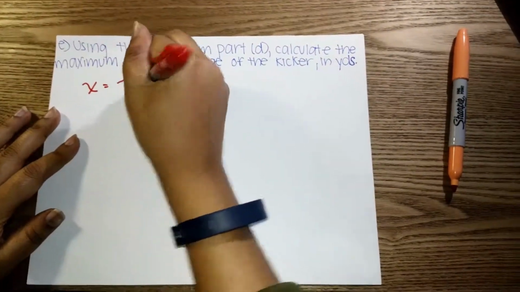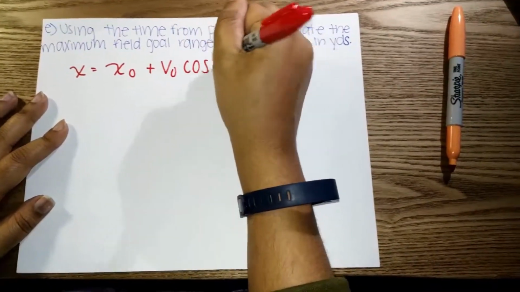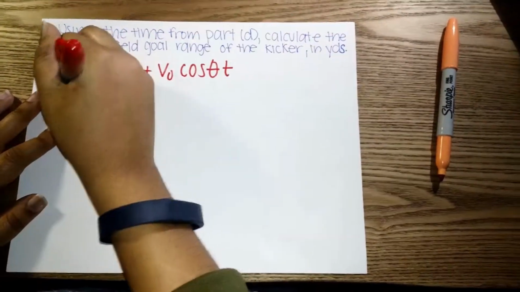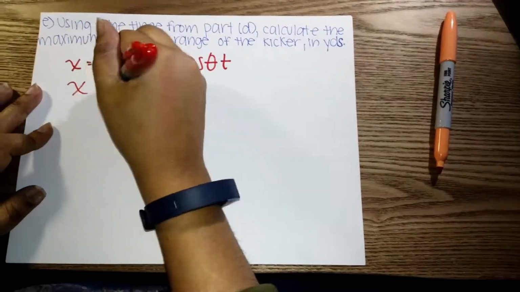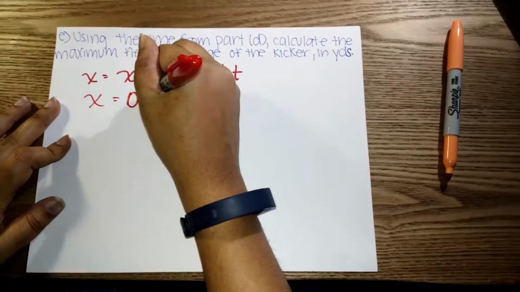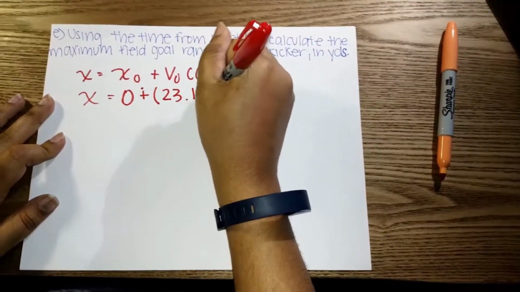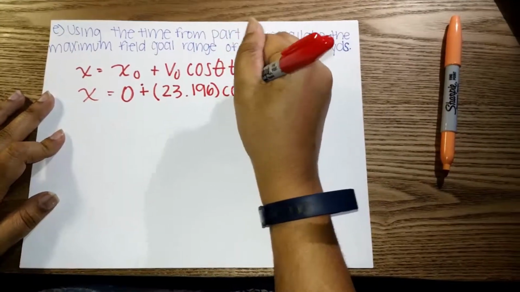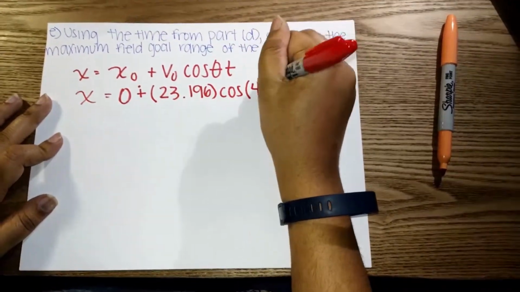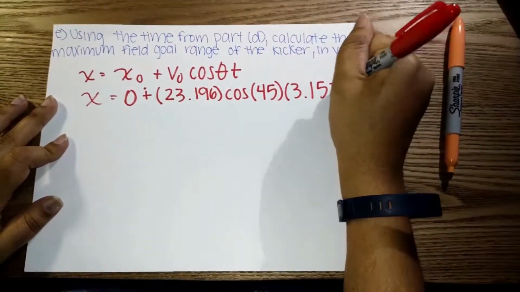Moving on to Part E, we were asked to use the time from Part D to calculate the maximum field goal range in yards. To do this problem, we have to use the UAM equation, delta x equals velocity initial times time. It is written as velocity initial cosine theta because we're solving in the x direction, and that is the proper component that we need.